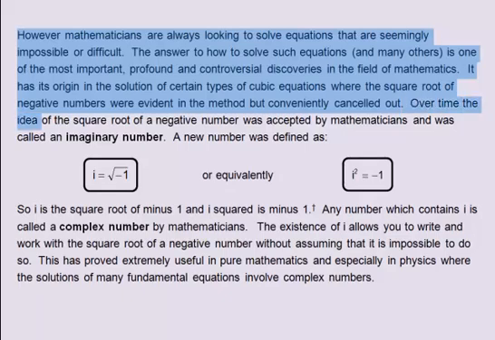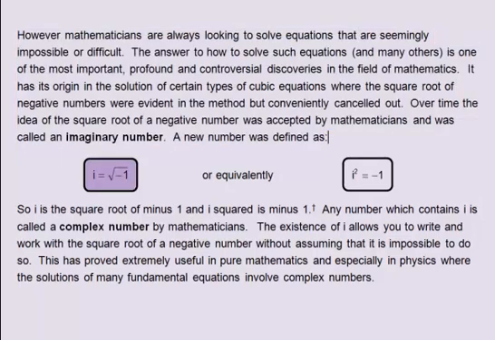Over time, the idea of a square root of a negative number was accepted by mathematicians and was called an imaginary number. A new number was defined as i equals the square root of minus 1, or equivalently, i squared equals minus 1. So i is the square root of minus 1 and i squared is minus 1.